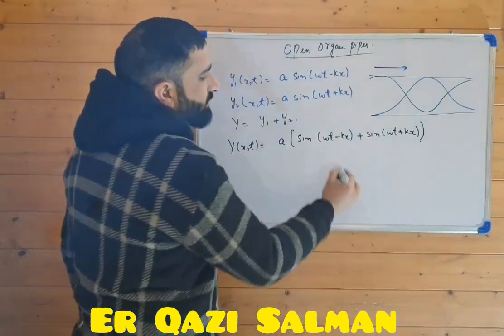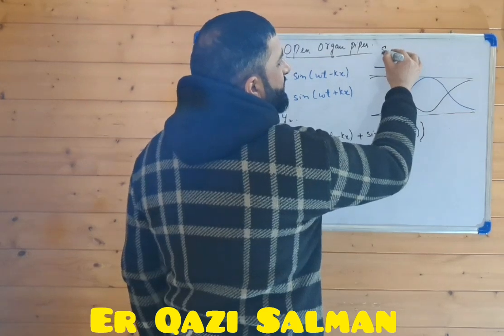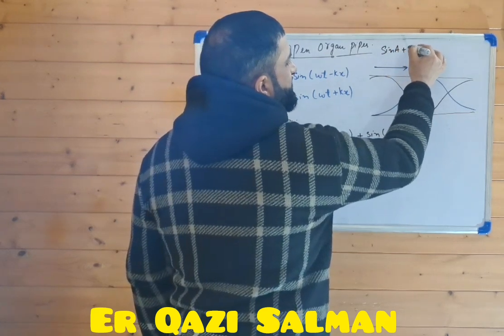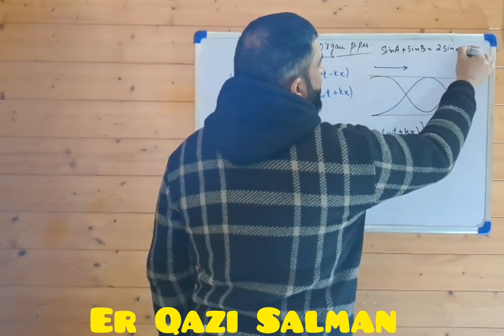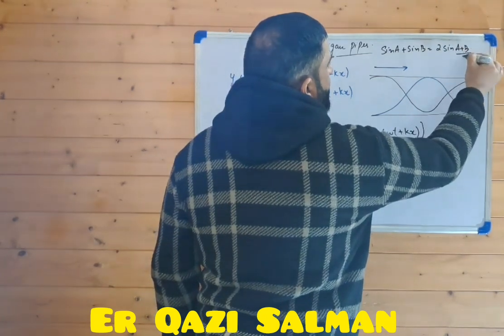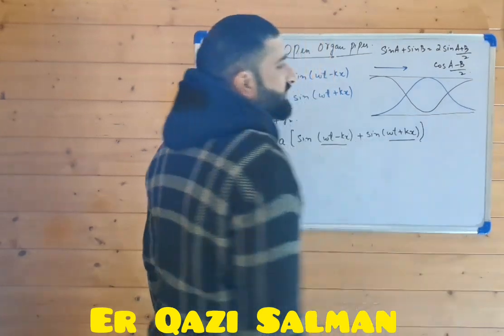Now this is of the form sine A plus sine B, and we know that the formula for sine A plus sine B is twice sine of (A plus B) divided by 2, times cos of (A minus B) divided by 2.